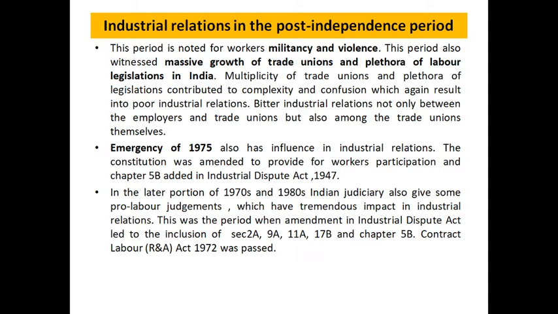In the later portion of the 1970s and 1980s, Indian judiciary also gave some pro-labor judgments which had tremendous impact on industrial relations. This was the period when amendments in Industrial Dispute Act led to the inclusion of Section 2A, 9A, 11A, 17B and Chapter 5B. Contract Labor Act 1972 was passed.